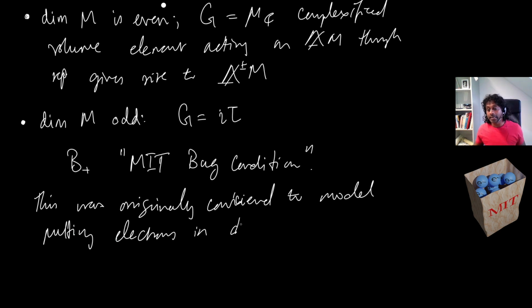So finally, this justifies the image that we've been carrying along this entire course. This is a local boundary condition that is meant to represent putting these electrons in a bag.